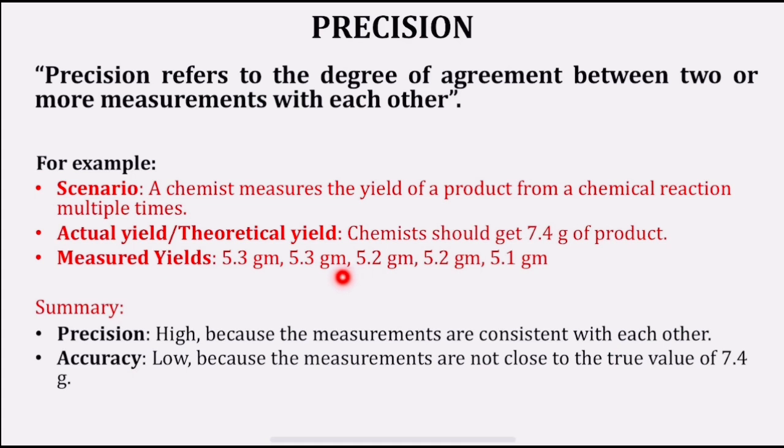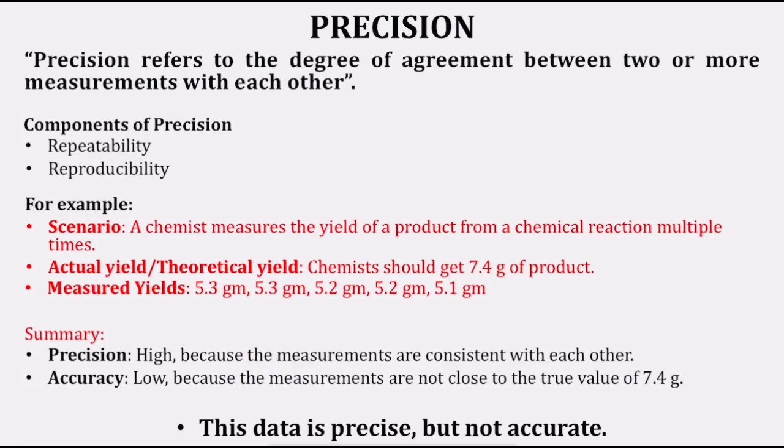However, these measurements are not close to the actual value, which is 7.4 gram, indicating they are not accurate. To summarize this, we can say the chemist's measurements are precise because the values obtained are very close to each other. But they are not accurate because they are far from the actual or known value.